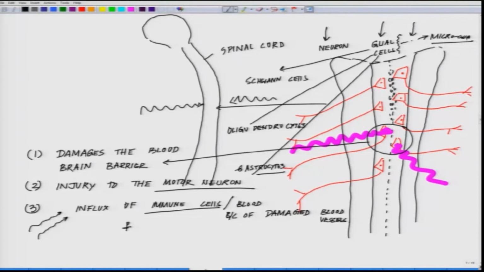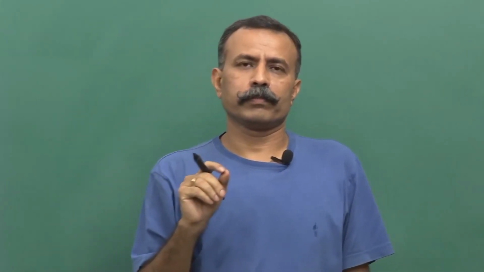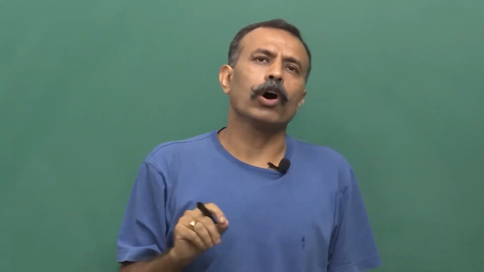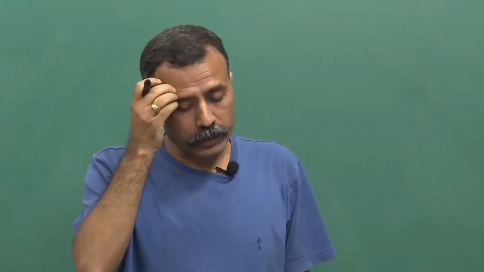This microglia is a family of glial cells which are of immune cell origin, and these glial cells, unless otherwise provoked, do not, mark my word, do not take part in any kind of immune reaction.